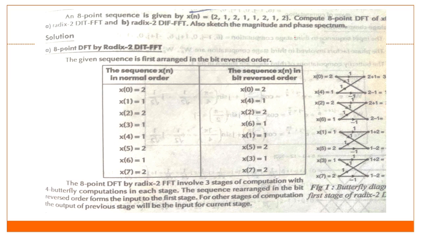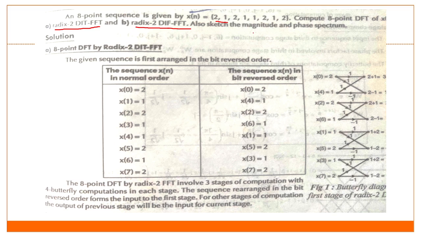So the sequence given to you is x of n equal to 2, 1, 2, 1, 1, 2, 1 and 2. You have to compute the 8-point DFT x of k by using first the radix-2 DIT FFT algorithm, and second the radix-2 DIF FFT algorithm.